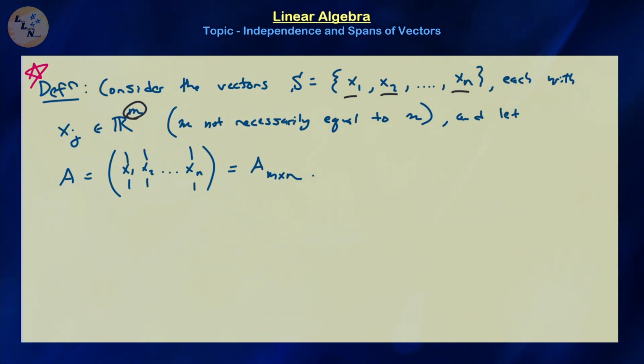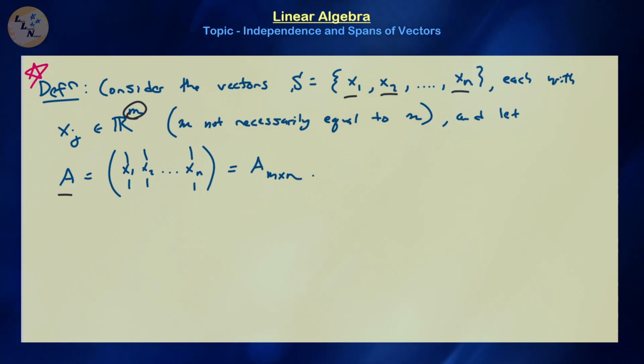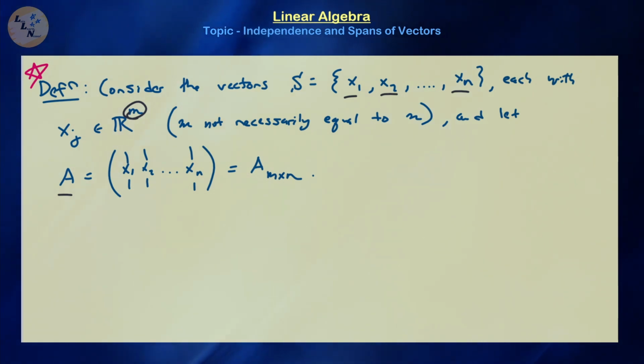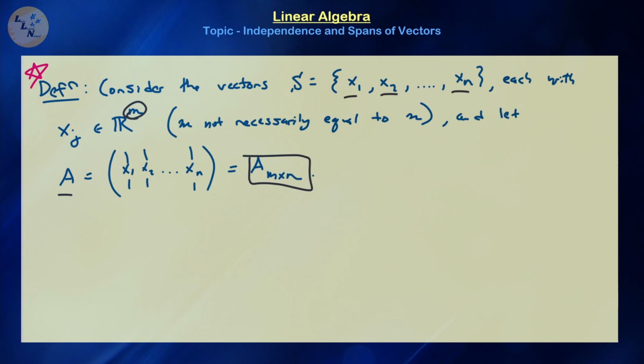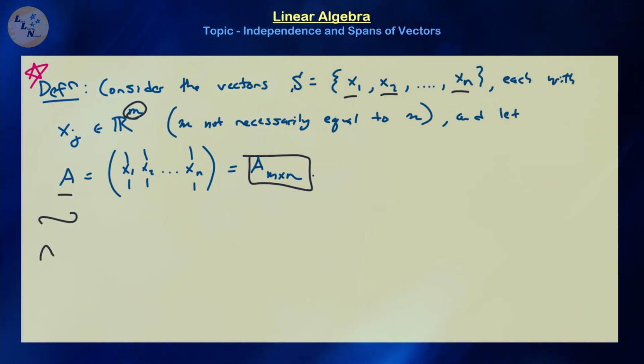There are some unique relations and theorems we can get from both those cases, but let's assume the general case at this time. Let's also define the matrix A to be the matrix that consists of all of those vectors as columns. So this is going to be an m row by n column matrix, which we denote as A. Now let us define what a set of independent vectors is.